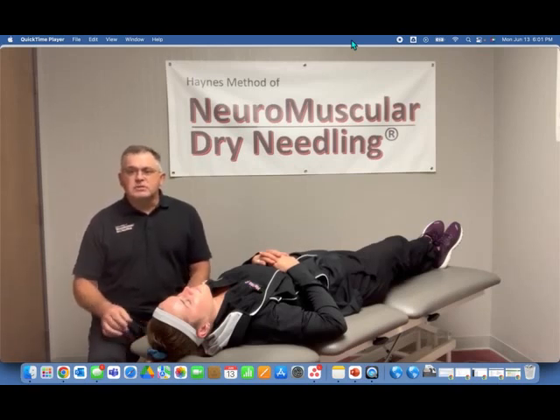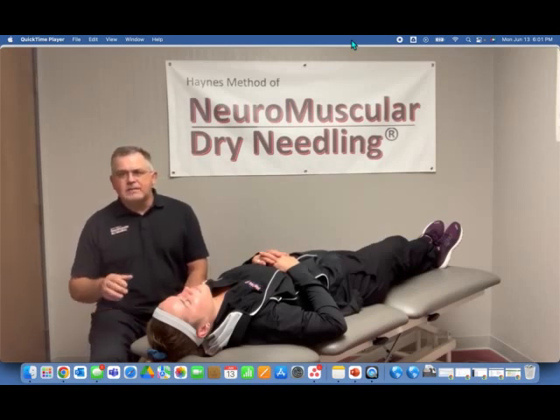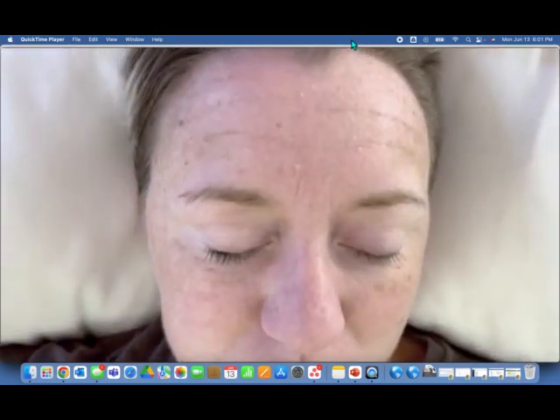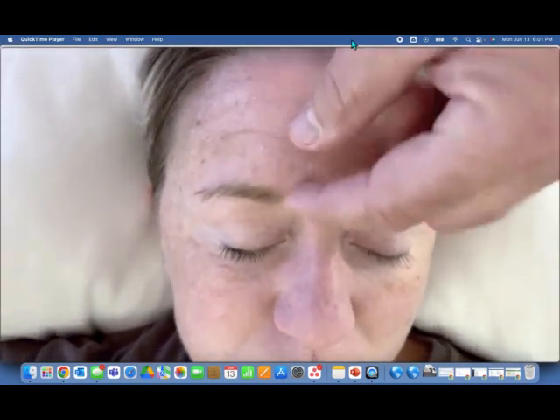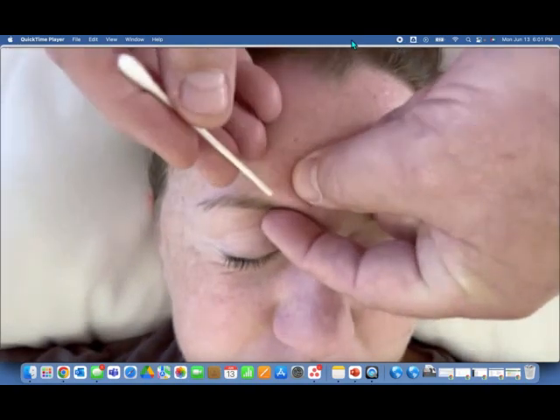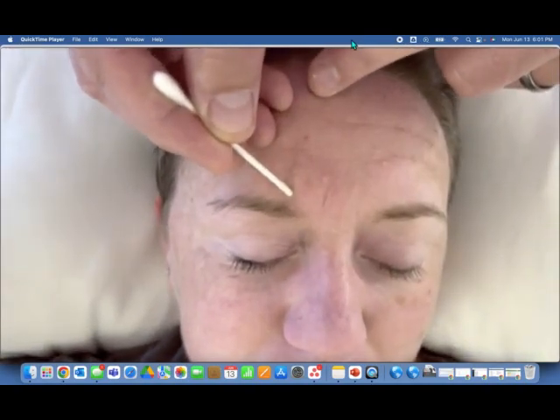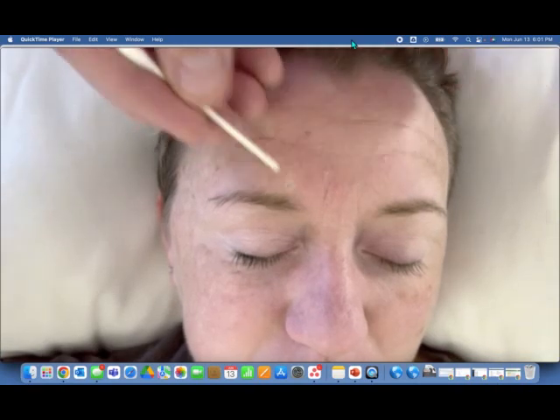We're going to pinch the muscle together at the superior and medial border using the thumb and index finger, and we're going to needle at an oblique inferior and medial angle towards the nasion. Again, this approach is used for both the depressor and the corrugator.